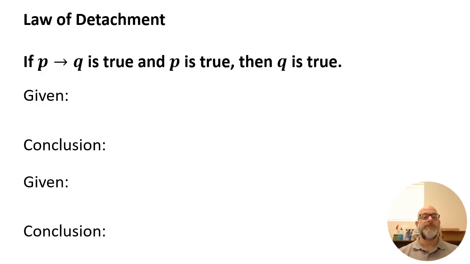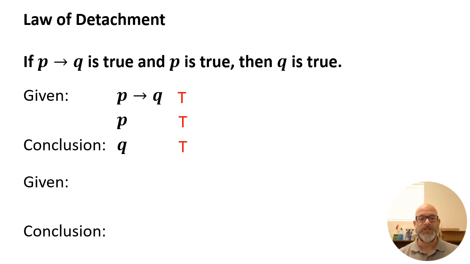The law of detachment: if P then Q is true, and P is true, then Q is true. Let's look at that again. If P implies Q is true, and P is true, then Q is necessarily true.